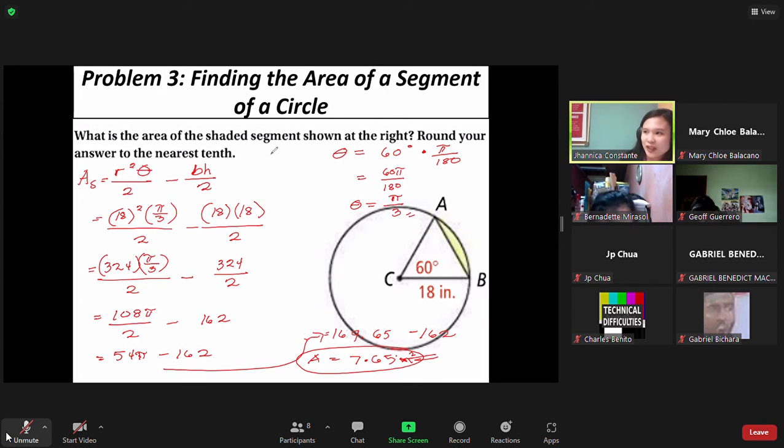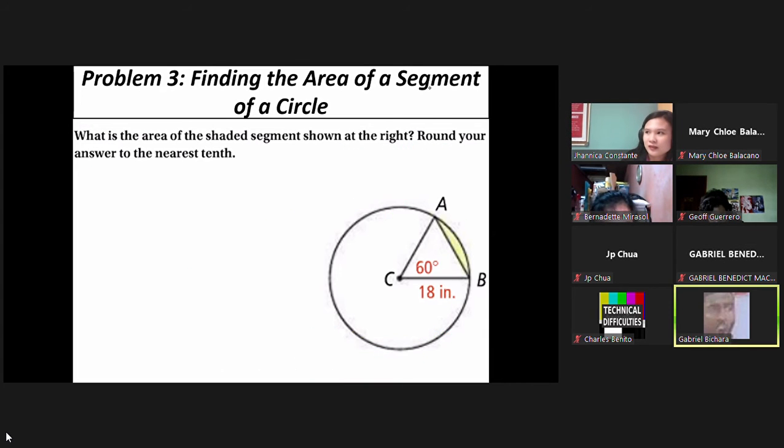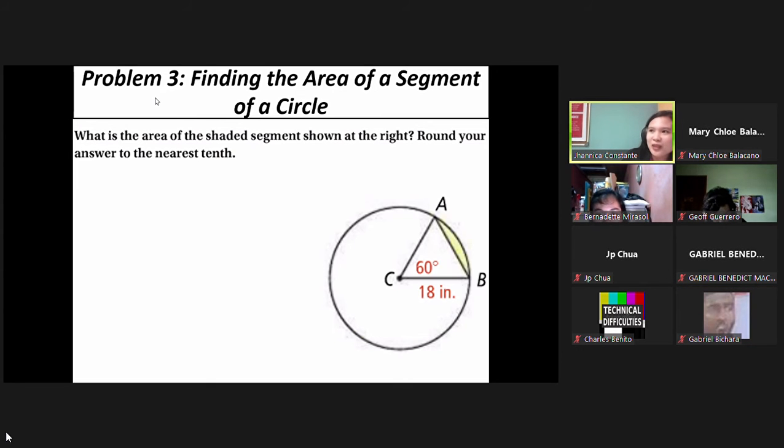Let's have another example for solving for the area of segment.